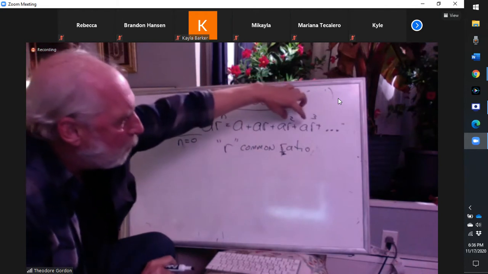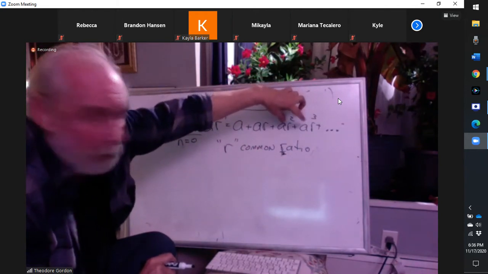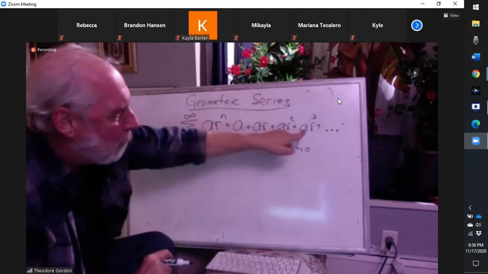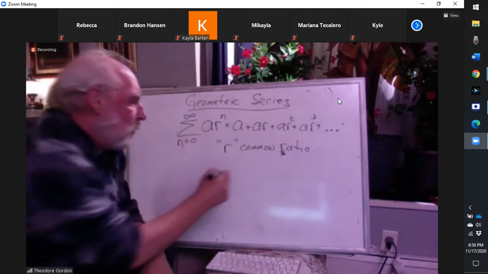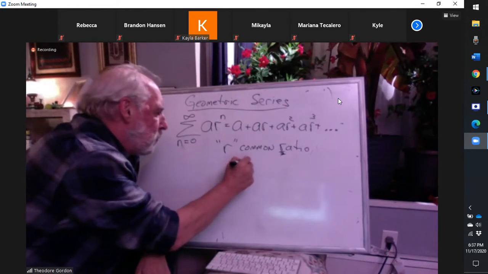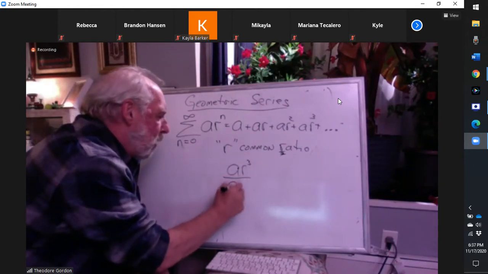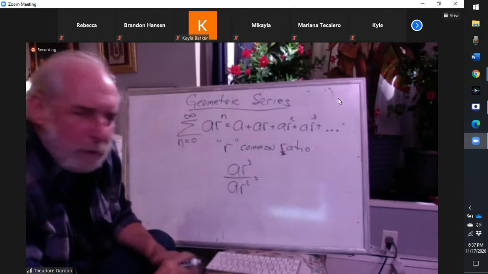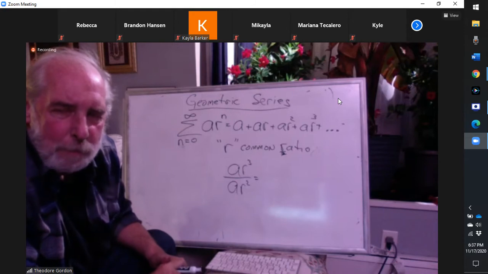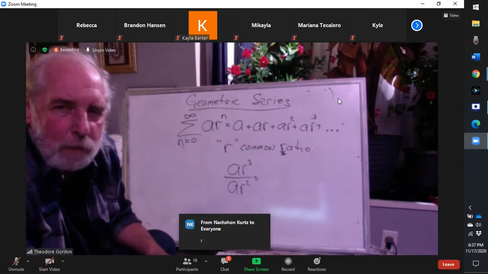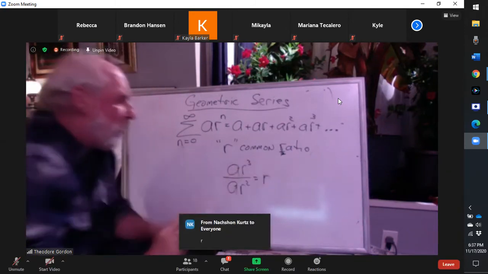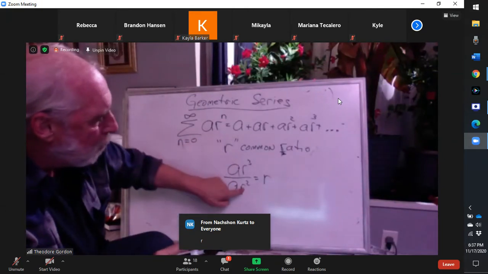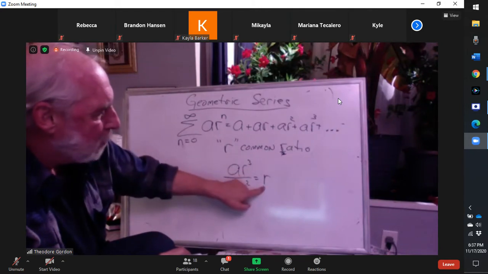If we take 2 terms that are adjacent to each other, consecutive, and we divide the one on the right by the one on the left, for example, ar cubed divided by ar squared, what do we get? ar, or just r? Just r, that's right. The a's cancel out, and there are 2 r's down here, that cancels out 1, so you get r.